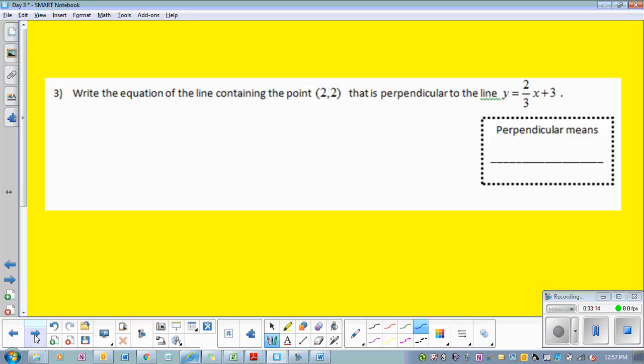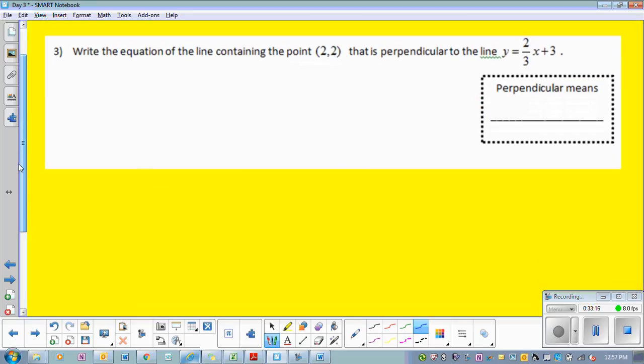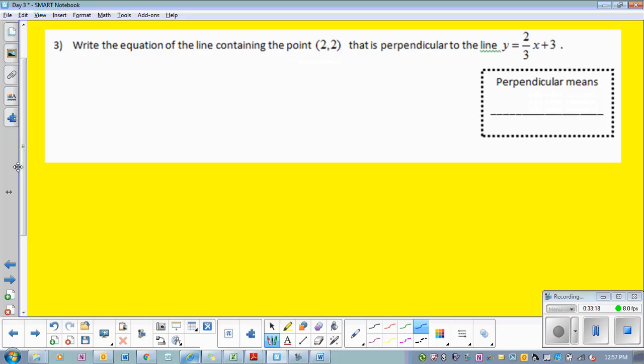All right, what is the equation of the line containing the point 2, 2 that is perpendicular to that line? Okay, so perpendicular means that the slope is the opposite reciprocal slope.